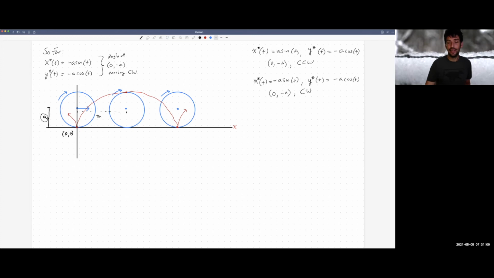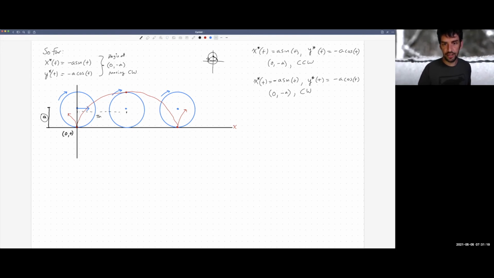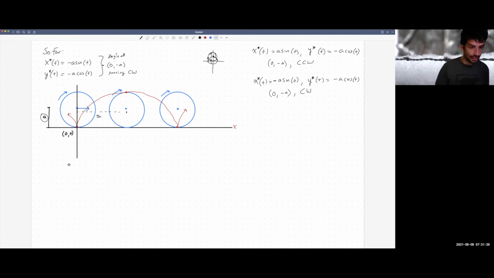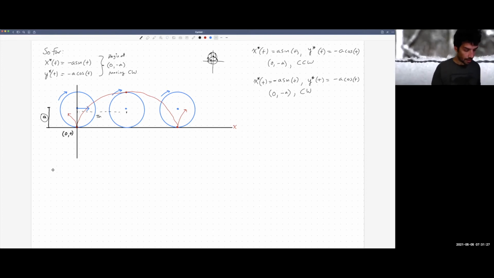What happens if we were rotating around this circle? We just have to take every y coordinate and move it up by a radius. In other words, let's use a more mathematical term, shift.